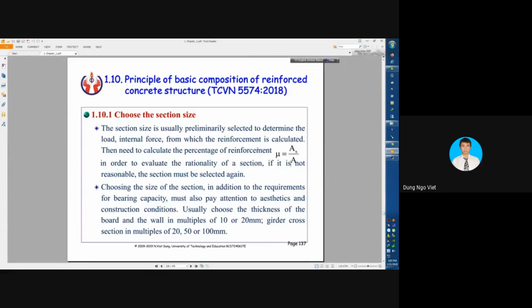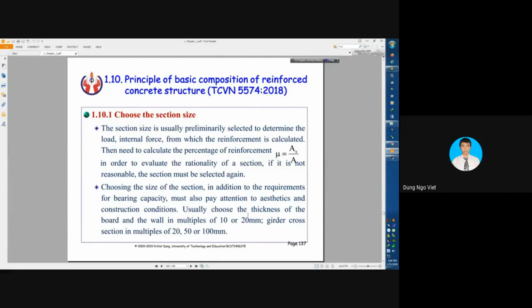We calculate the μ value in order to evaluate the rationality of a section, and if it is not reasonable, the section must be selected again.